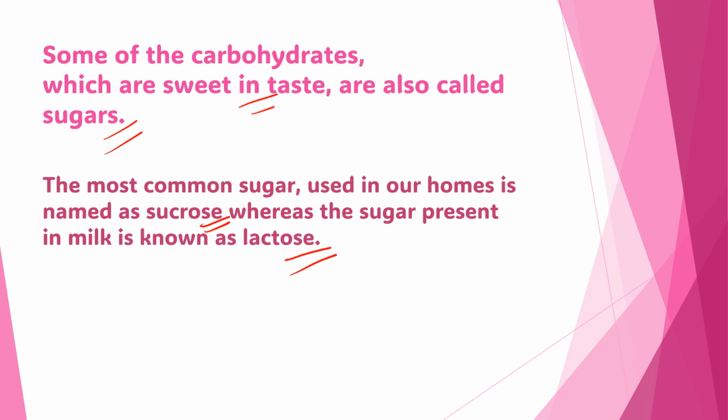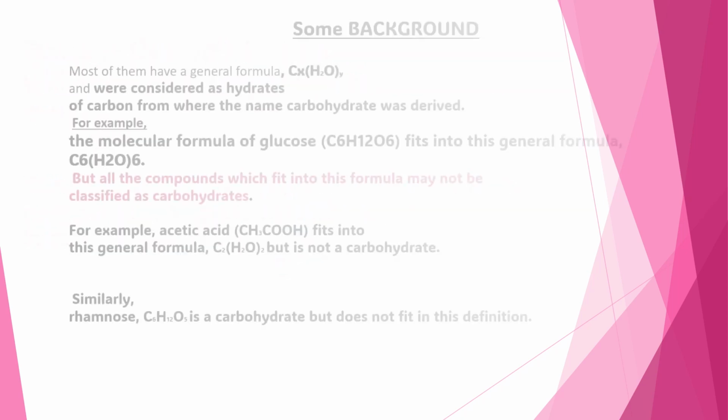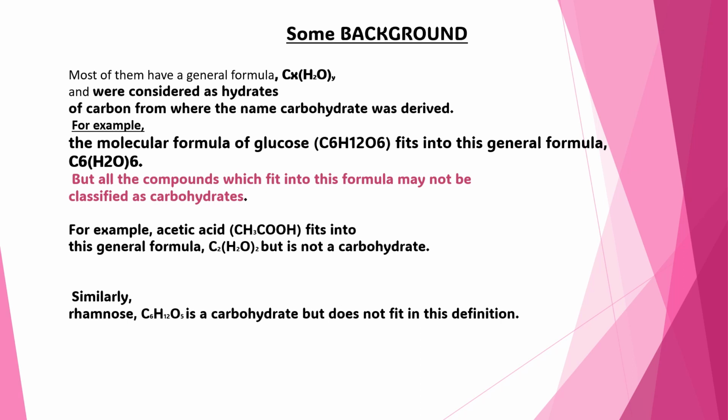Earlier, carbohydrates were known as compounds of carbon and hydrogen and oxygen, with some number of carbon atoms and water, so they were considered as hydrates of carbon, from where the name carbohydrate was derived.